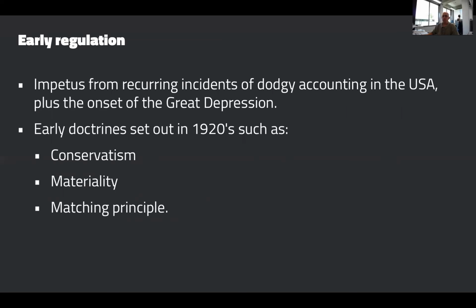Early forms of regulation were in the early years of the 20th century and largely driven, of course, by the onset of the Great Depression. We find a lot of accounting principles and doctrines being codified, such as conservatism and materiality and the matching principle. And the Americans did a lot of work in this regard.